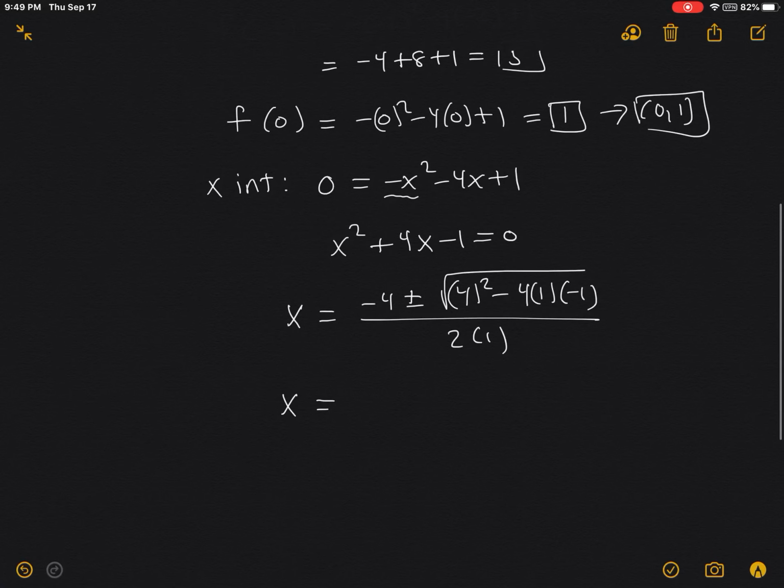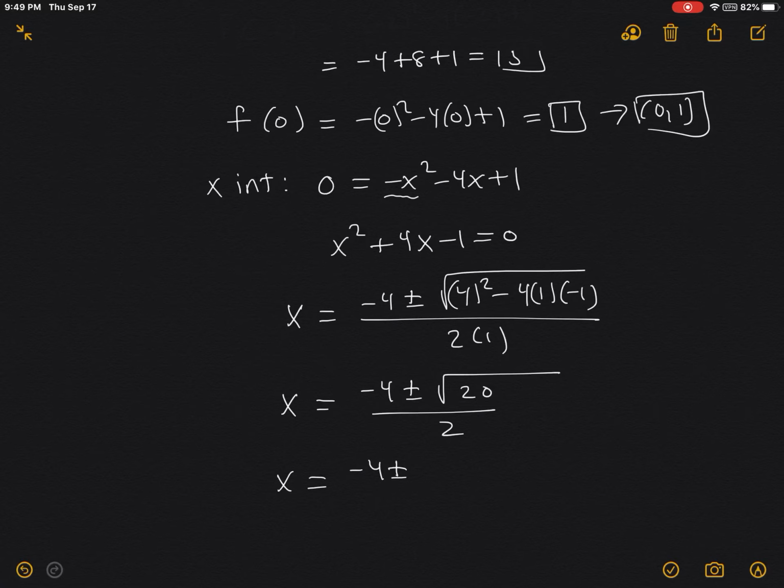Over here, you're going to get negative 4 plus or minus the square root of 16 plus 4, which is 20. And I would leave this in simplest radical form. This is 4 times 5 inside, so this is 2 root 5.